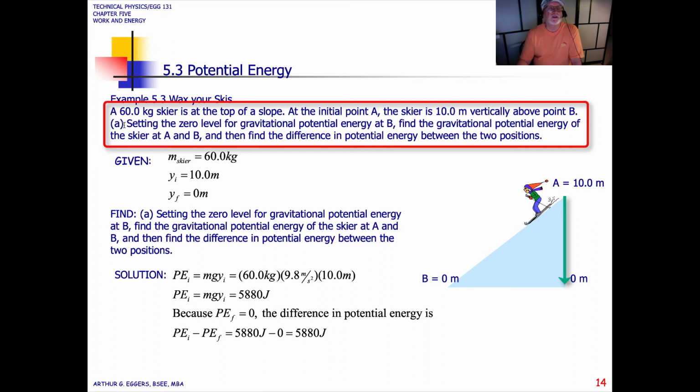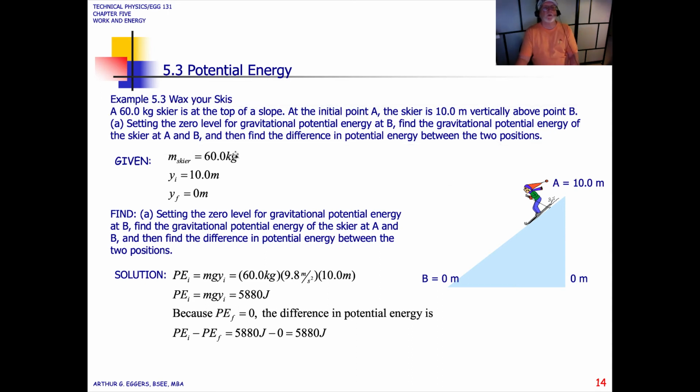The first question is: setting the zero level for gravitational potential energy at B, the bottom of the slope, find the gravitational potential energy of the skier at A and at B. Then find the difference in potential energy between the two points.